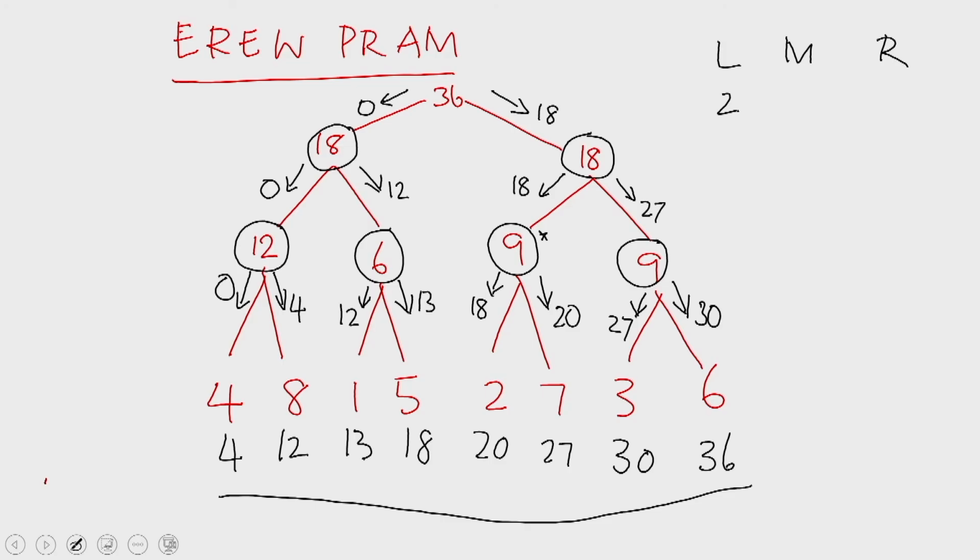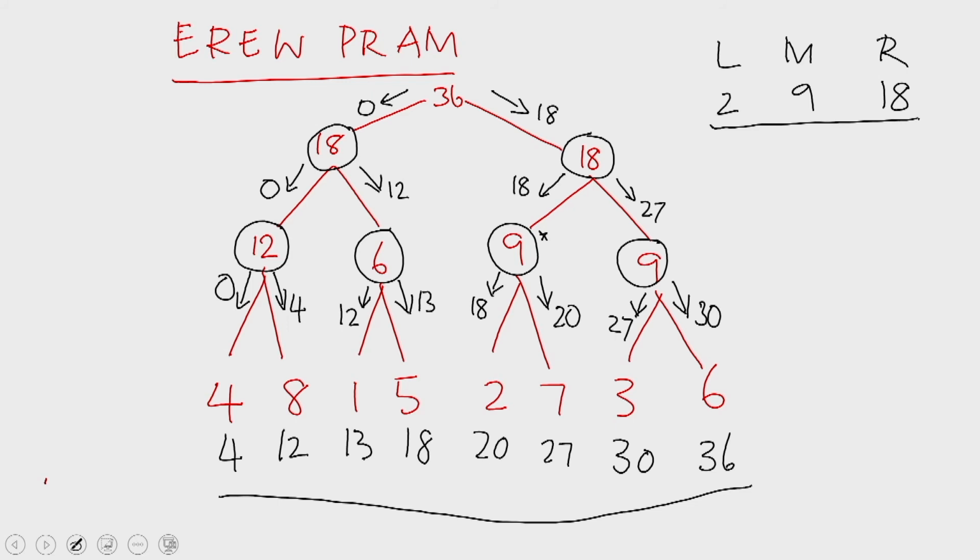The middle value is the sum of the values it receives from the 2 children, which happens to be 9. 2 plus 7, 9. And the right value is what it receives from above. What this node receives from above is 18. So, the node that is marked here will contain these values when the algorithm is finished.